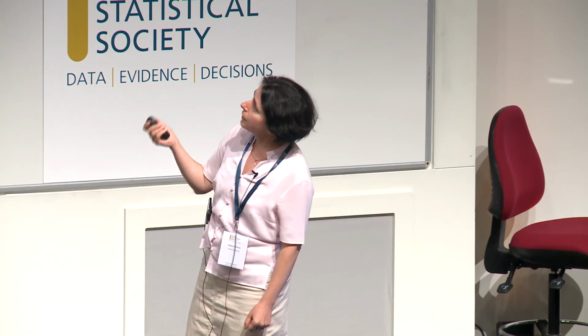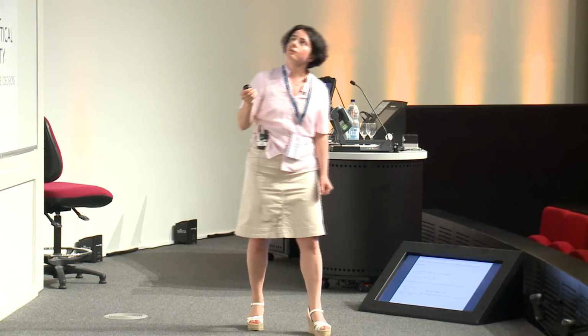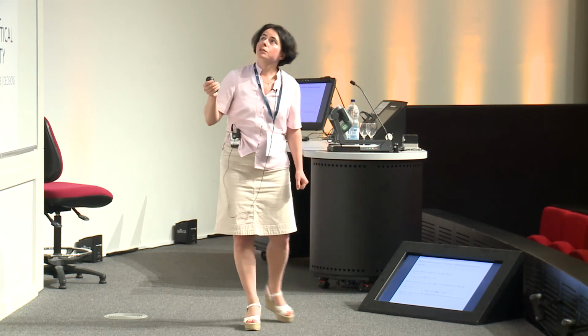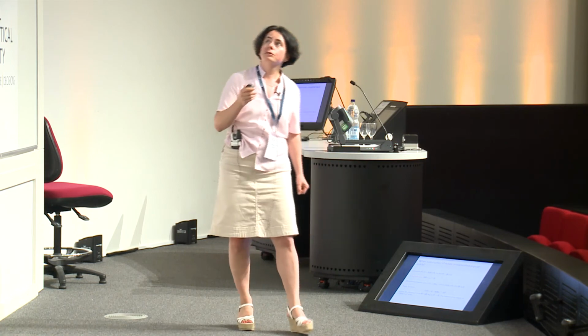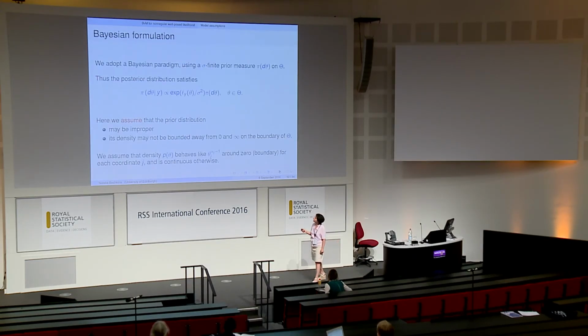I think we'll have an example in the paper for that. But just for simplicity, even in this setting, you can see that the limit is of this type, and the maximum is on the boundary if the true value is negative. Right. So then we assume this prior distribution, and this is the posterior density.